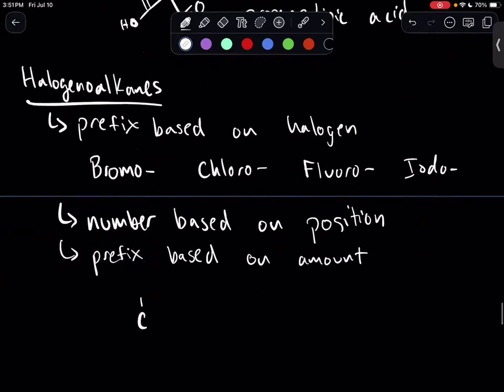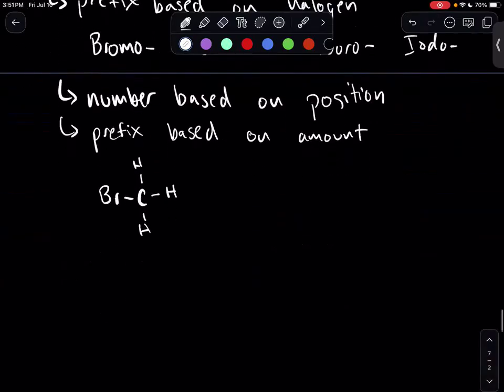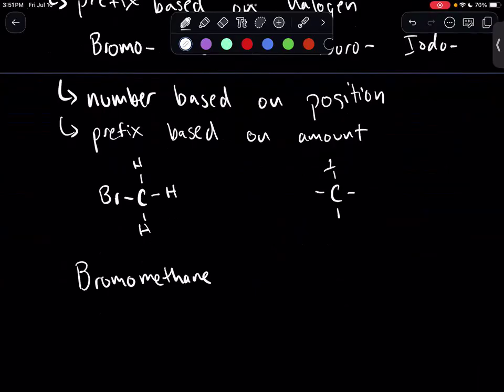So if we start with one carbon with 3 hydrogens and a bromine, this is, of course, going to be a bromo because this is a prefix, bromomethane. But if we do a carbon with 2 of them, in this case 2 iodines, I like iodine, it's fun because we get to do this, diiodo, and we get to have those 2 I's next to each other, diiodomethane.